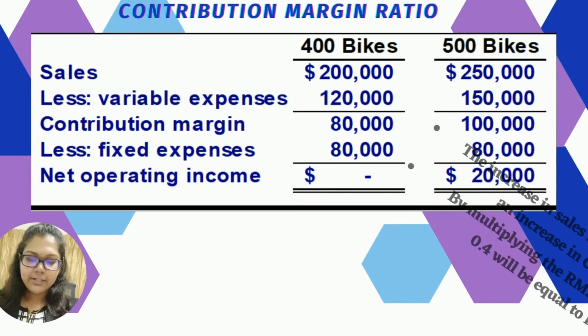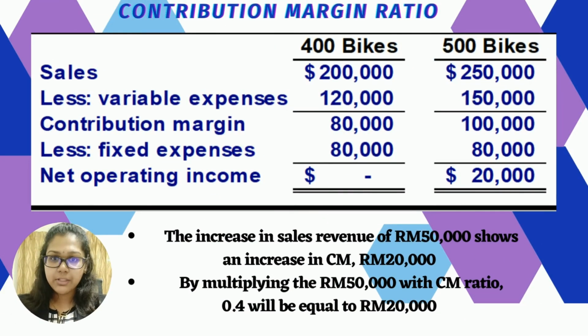Next, we're going to take a look at the contribution margin income statement at sales of 500 bikes and sales of 400 bikes, which is our break-even point in units sold. The increase in sales revenue of RM 50,000 shows that there is an increase in contribution margin of RM 20,000.